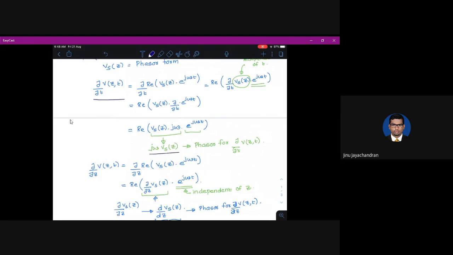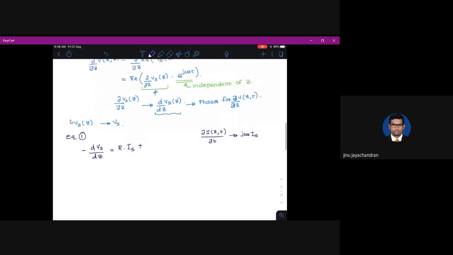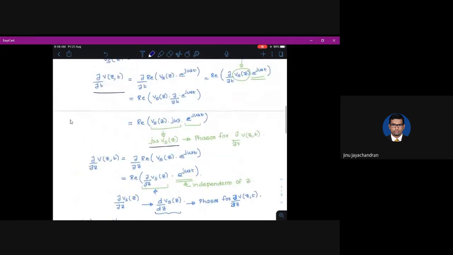So for my case, when you write ∂I of z comma t by ∂t in phasor form, this will be jω Is, because we have already derived that the phasor form of ∂v of z comma t by ∂t is jω Vs of z.